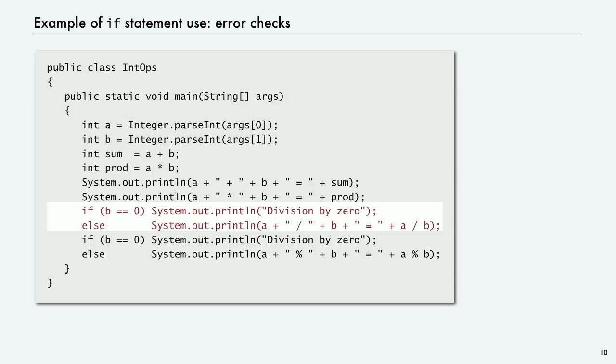In this case, if b equals 0, we don't want to try to divide or compute the remainder. So we replace the statement that did the division or computed the remainder with an if-else. If that denominator is going to be 0, we print out division by 0 and don't do it. Otherwise, we go ahead and do it.